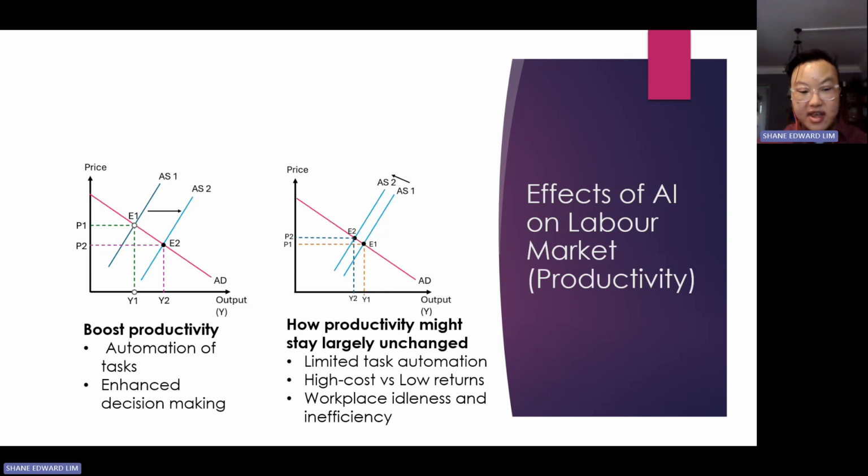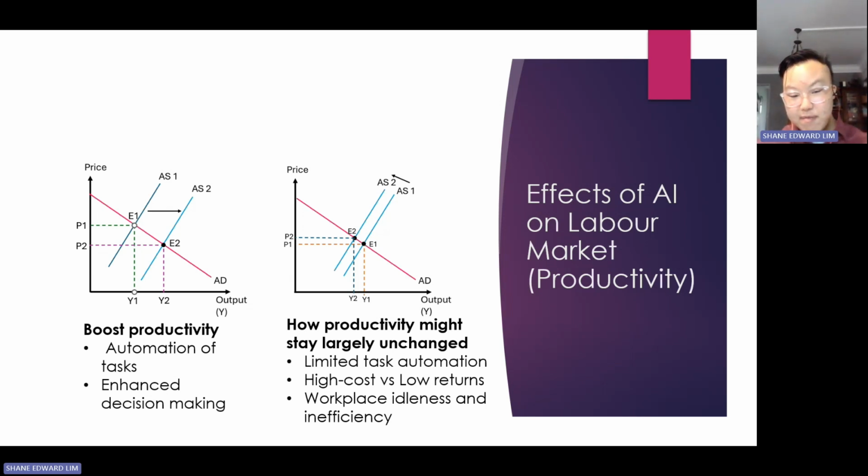The effects of AI might leave productivity largely unchanged, through the intersection of the aggregate demand and supply curve at AS1 and E1, the equilibrium.